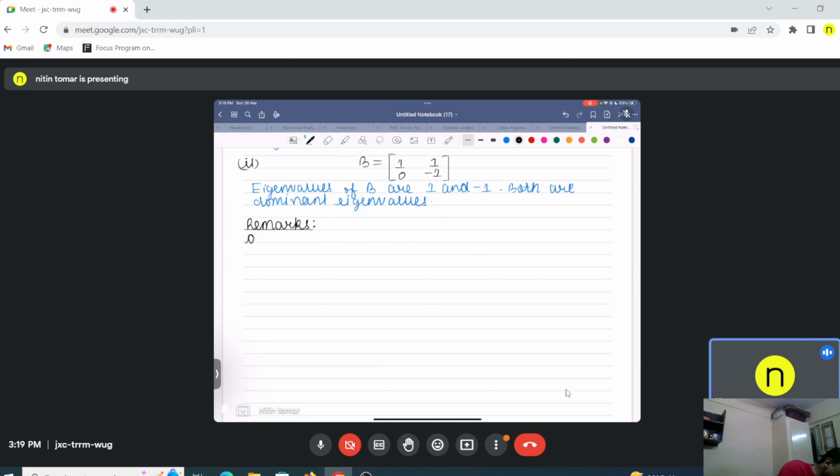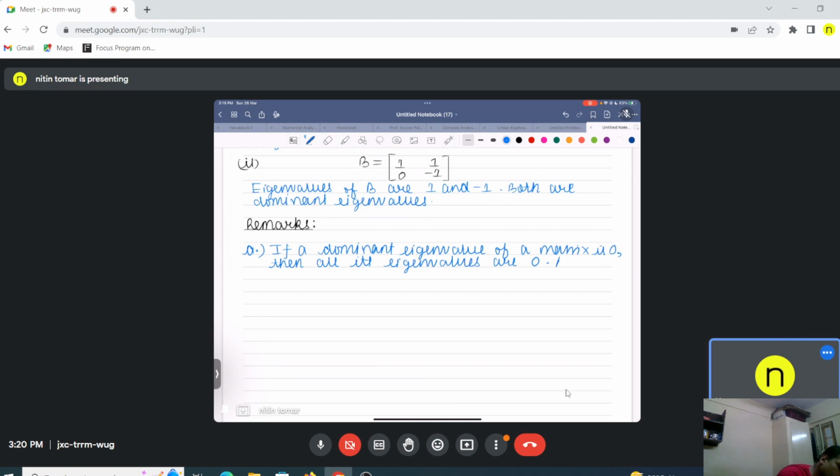These are easy remarks. Let's say if a dominant eigenvalue of a matrix A is 0, then all its eigenvalues are 0.